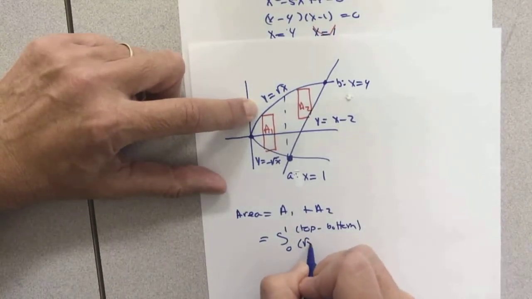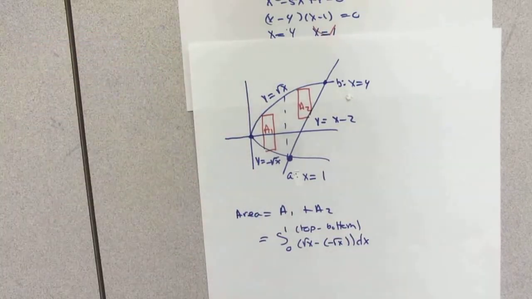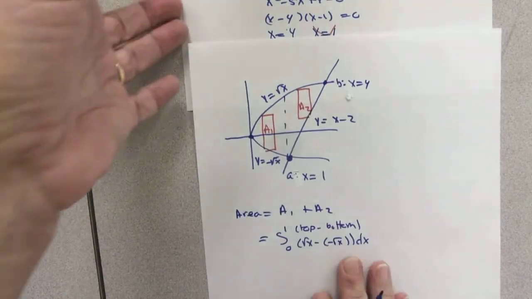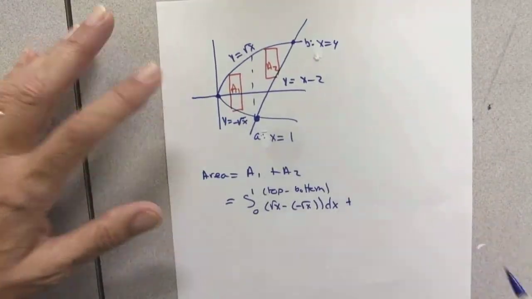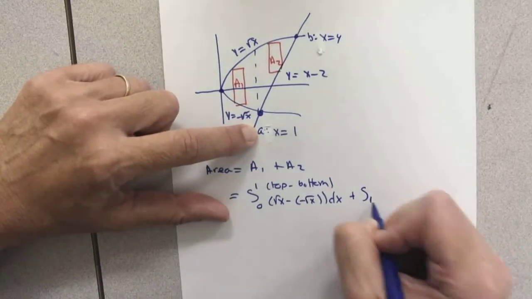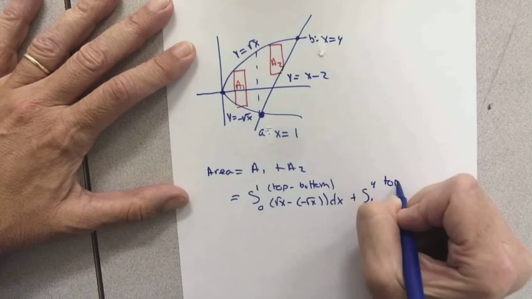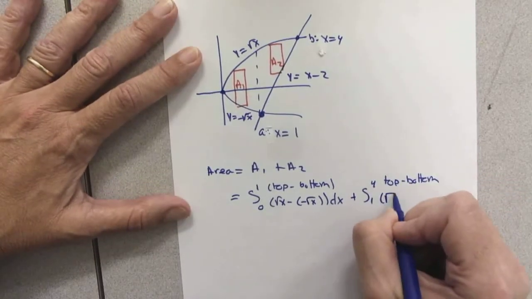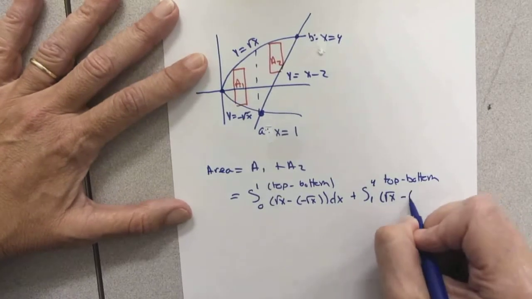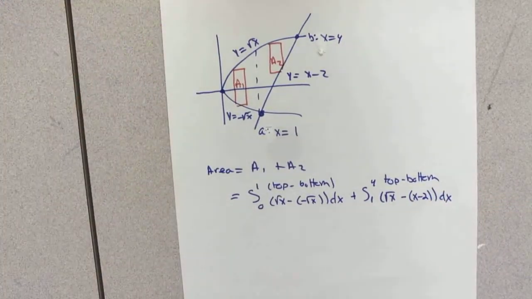Top is the square root of x. Bottom is negative square root of x. And notice I get a double negative there. That's important. And then A2 starts at 1, goes to 4. Top minus bottom. The top is still the square root of x, but this time the bottom is the line y equals x minus 2.